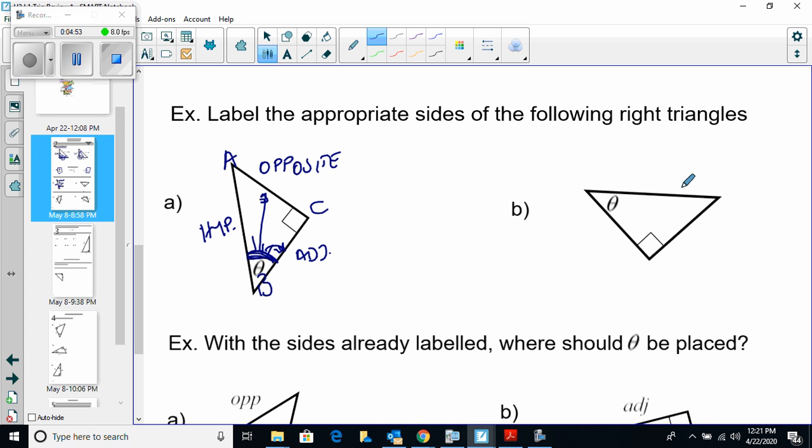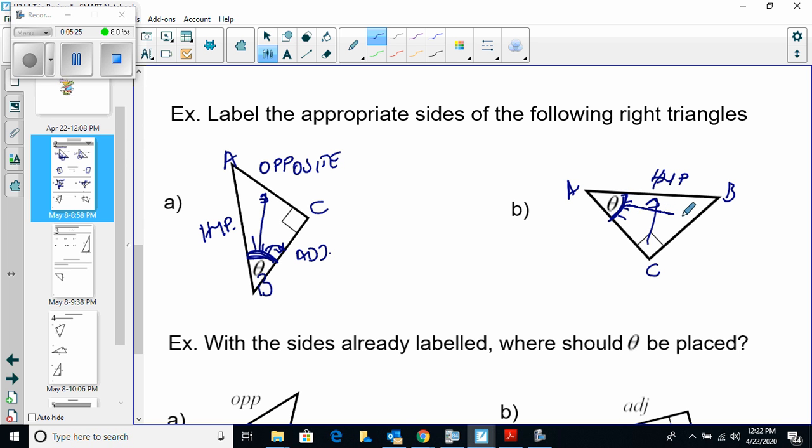If we move to the other triangle, again, I will label it A, B, C for simplicity. And we will see that the angle that we are dealing with is angle A in this case. You can start any way you want. You can say, okay, this is the hypotenuse since it is opposite to the right angle, and now you have to label the other two sides.